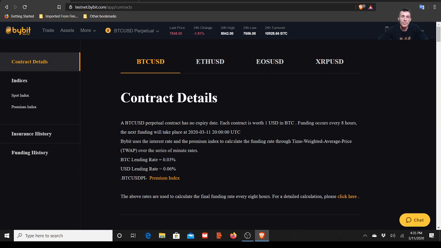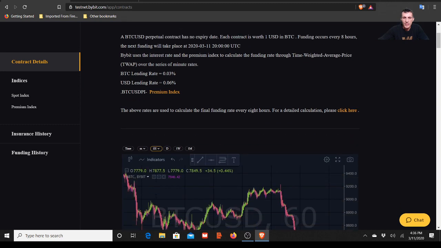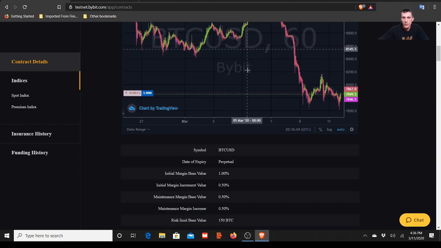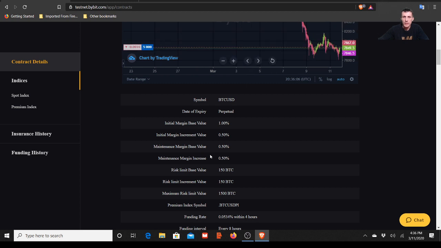Kind of like VWAP, only using time-weighted average. Bitcoin lending rate is 0.03%, USD lending rate 0.06, using the premium index. And these do fluctuate and they change all the time. So if you want to keep an eye on everything, all that stuff is right here.